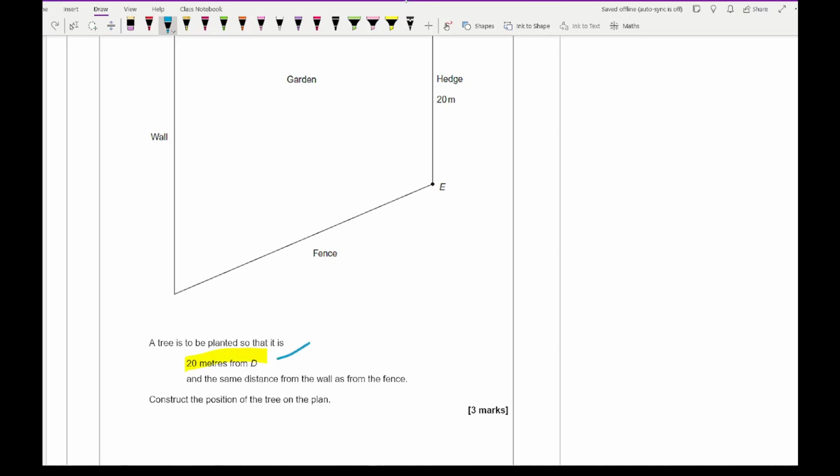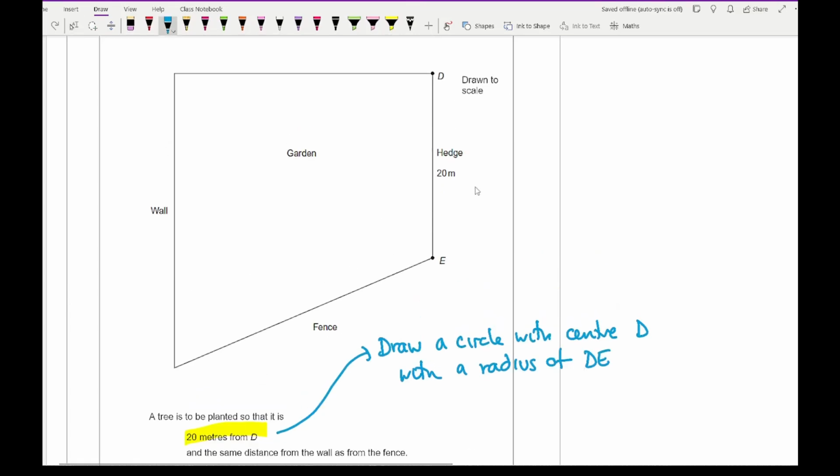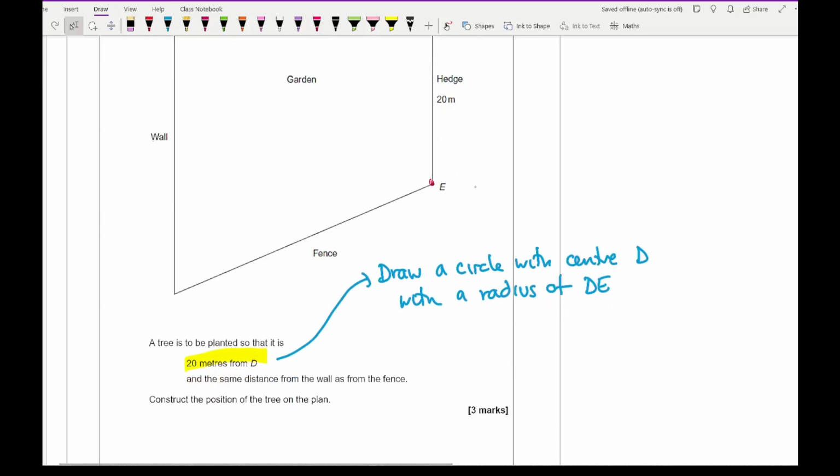So if I just write down here, what you need to do is to draw a circle with center D with a radius of DE. Now there's no scale on this, so what I need to do is, with the compass and the pencil, set the pin on D and the pencil at E, and that should give you the radius for that particular circle you're about to draw.